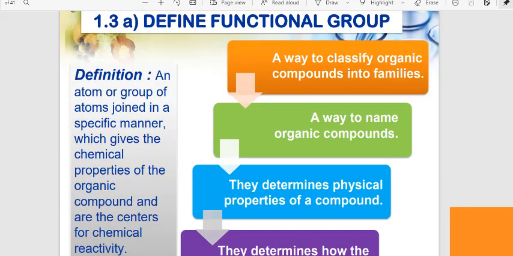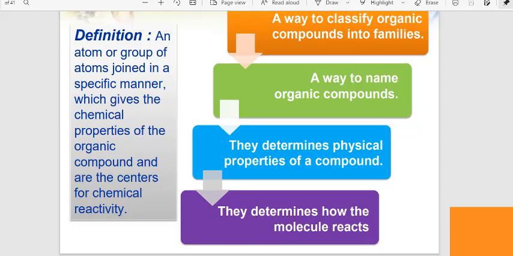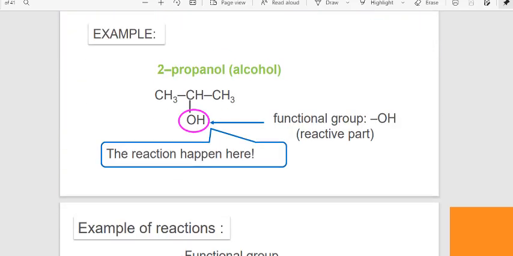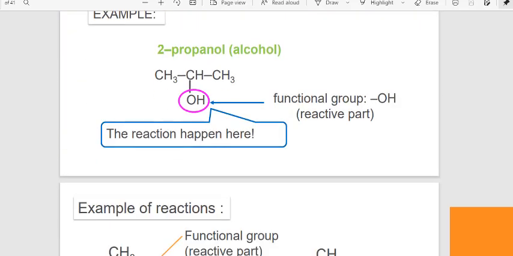Actually, the definition of functional group is an atom or group of atoms joined in a specific manner which gives the chemical properties of organic compound and are the centers for chemical reactivity. The sentence looks a bit complicated, right?